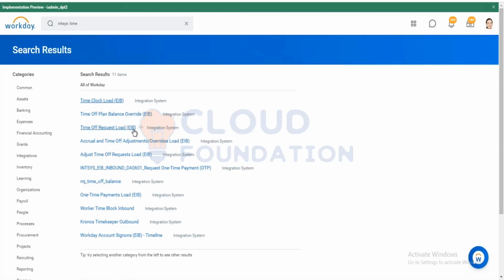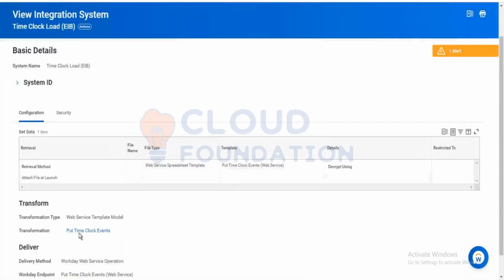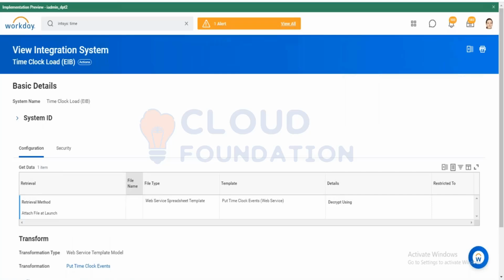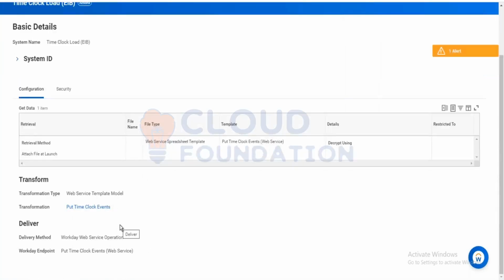You can easily find these types of integrations in your system. This is put clock event, which means you are adding clock events from external systems such as Chronos and integrating them with your Workday system. External hours are getting integrated with your own Workday through this transformation, which is clock events.